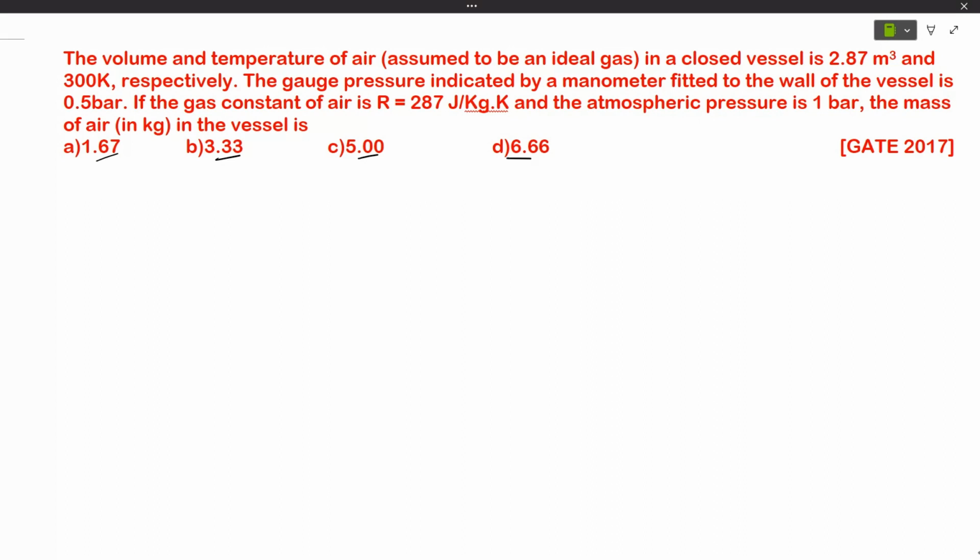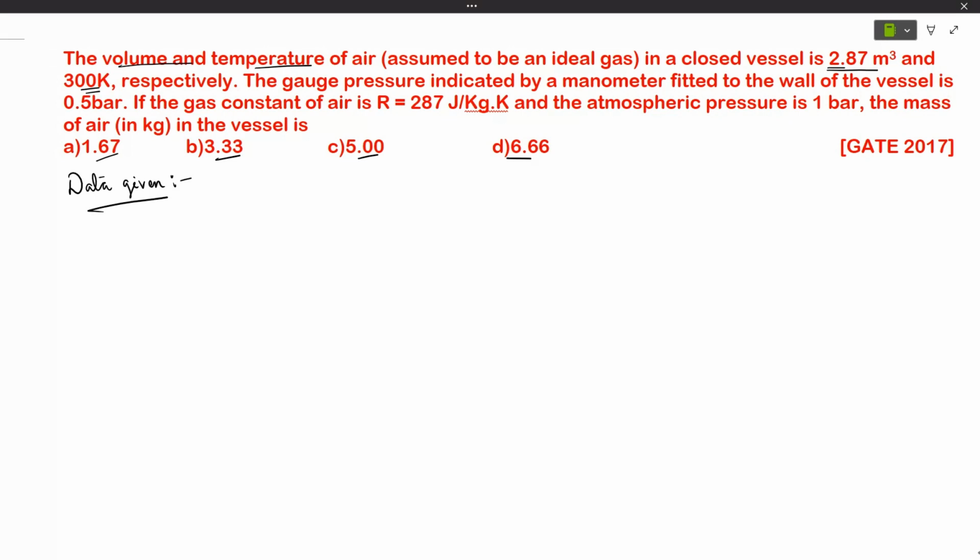Before we solve the numerical, let's identify the data given in the question. Here it is mentioned that the volume and temperature of air in a closed vessel is 2.87 meter cube and 300 Kelvin respectively.